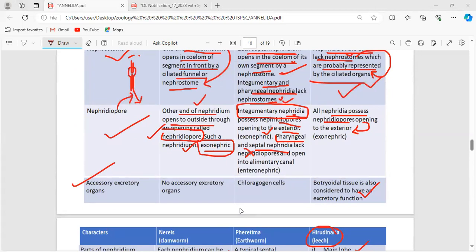I have searched for that excretory system diagram, but not those exact parts are mentioned there. That is why I couldn't show that.